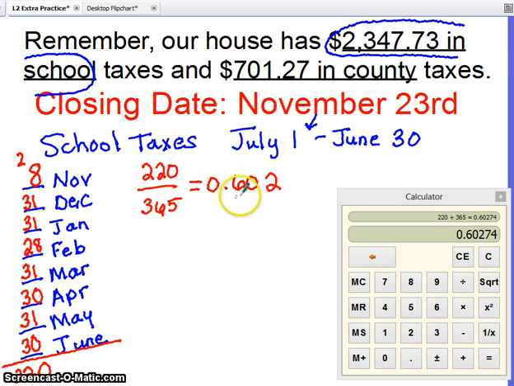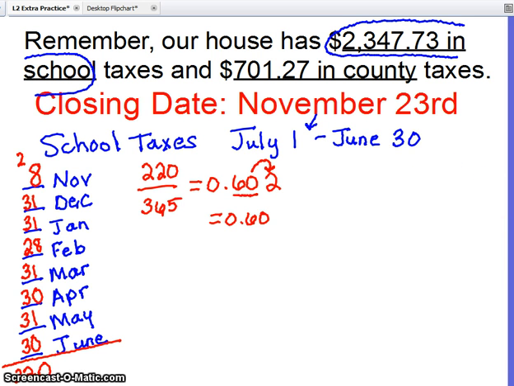We write 3 digits because we need to round to the hundredths, so we look to the right and it keeps it the same, so it's 0.60. We are owning the house 60% of the year.